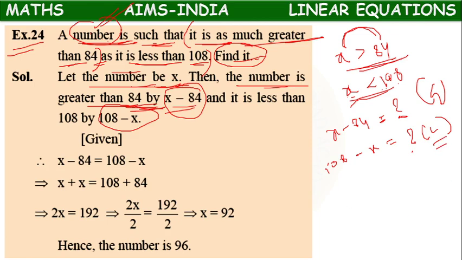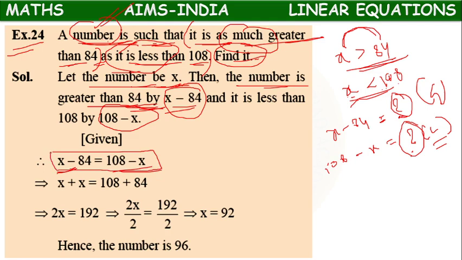But what is the relation here? As much greater as it is less. Means how much greater equals how much less. That means x minus 84 equals 108 minus x. So this equation we can frame with the help of the given data.